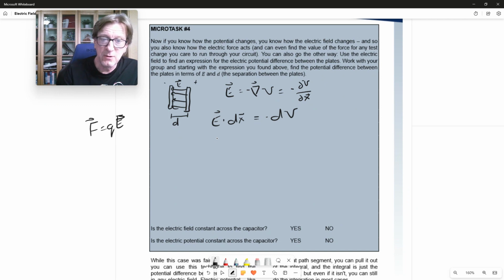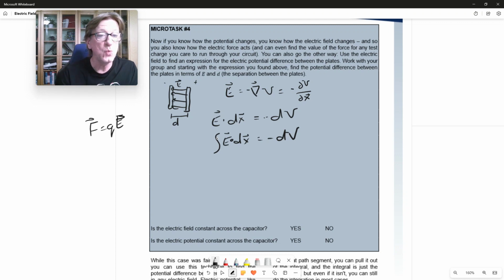Okay, so now we're going to integrate both sides. Now notice that E is in the same direction as D. Our dx is going to be our d. So that means that if I write this out, E dx cosine theta, cosine theta is just 1 in that case.